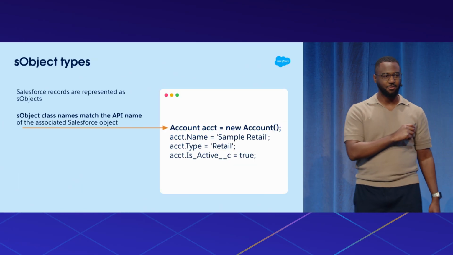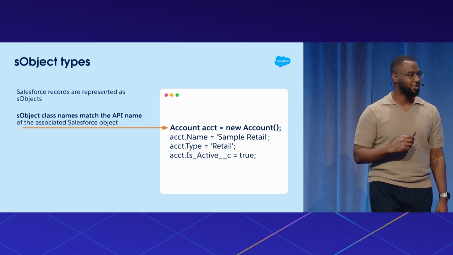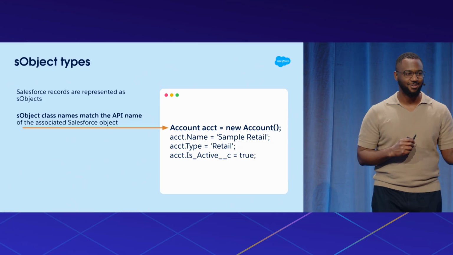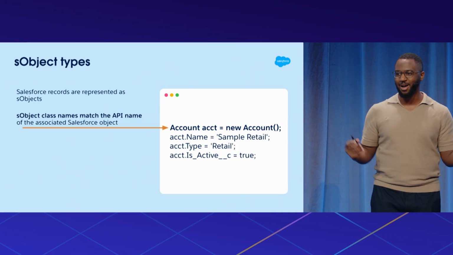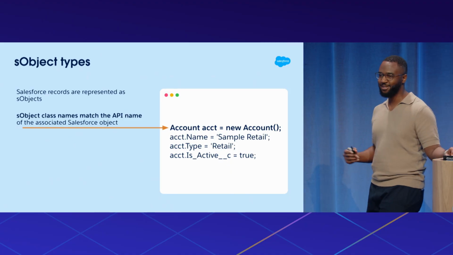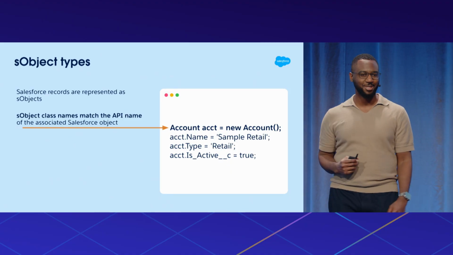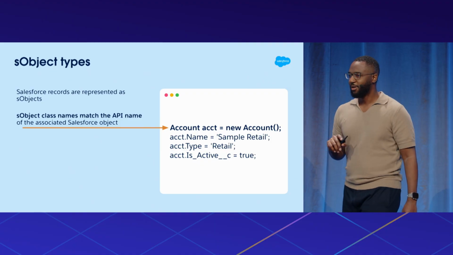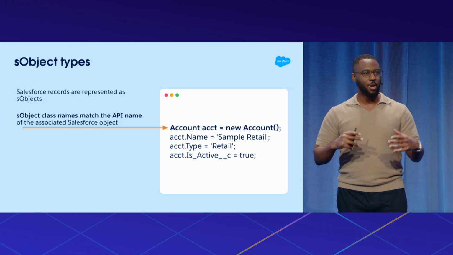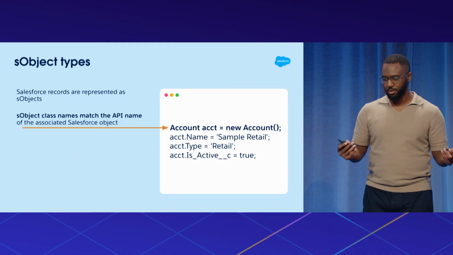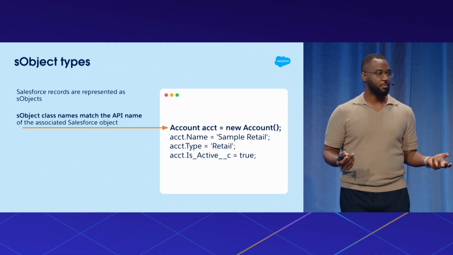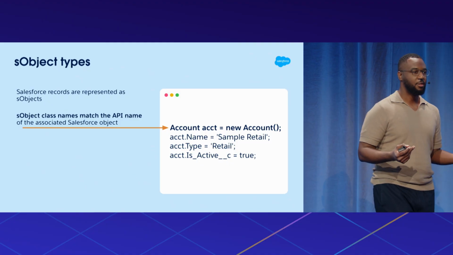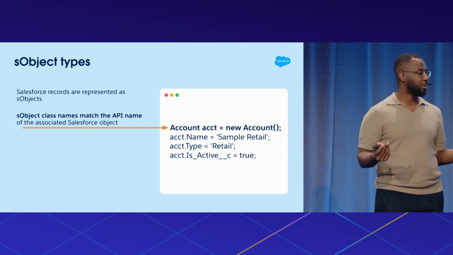SObject types. Can anyone guess what the S stands for? Salesforce. Salesforce objects. We haven't changed it to A objects, Agentforce objects. Oh, I'm kidding. Okay. So in Apex, all of your records are going to be represented using their API name. And in Apex, the API name is just what you generally call the object.